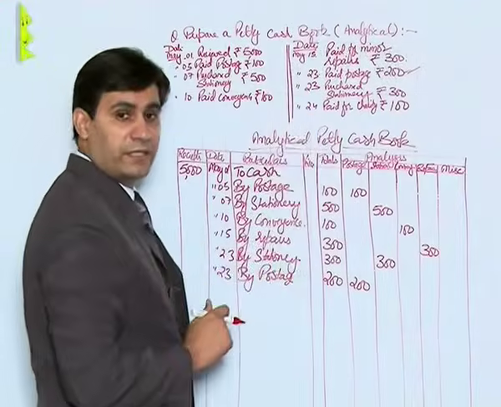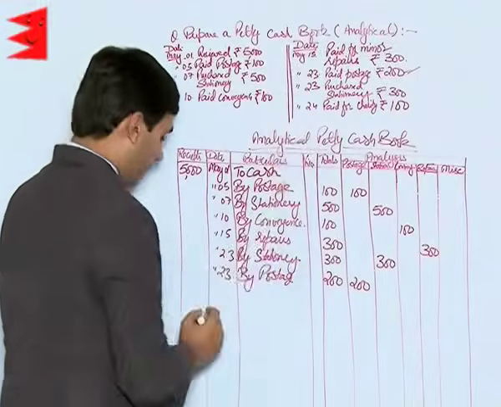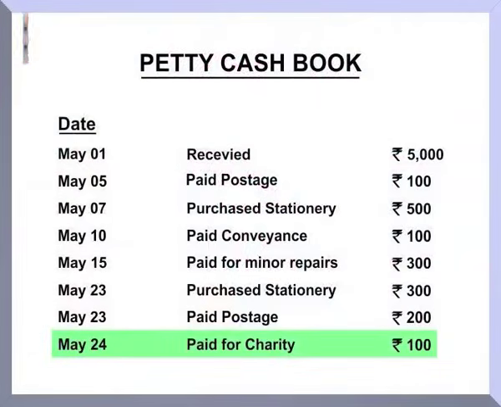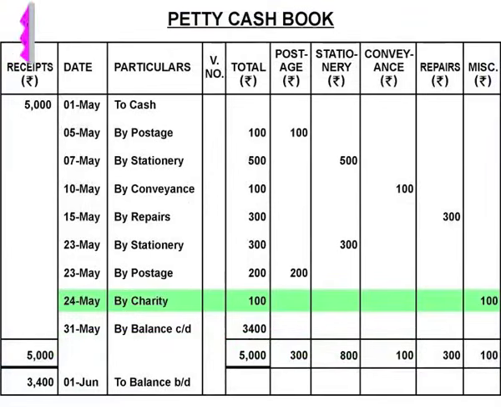Coming to the last entry, that is on May 24th, by charity. Since we are making a small payment for charity, it can be classified as a petty expense. So it would surely be put in the totals column, but we do not have any column for charity. So this amount would be put in the miscellaneous expenses column.